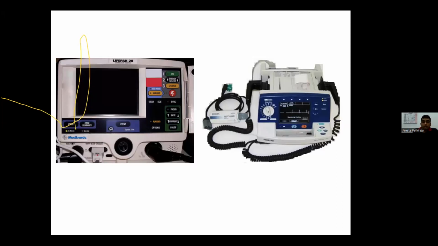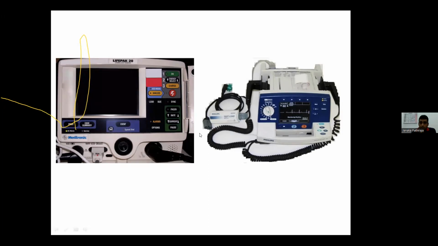So have you seen this? If you are not aware of temporary external pacing, go and check your defibrillator machine. Most of the time, there are several modules. If you look, there's an area with a pacing unit, some area dedicated for pacing.